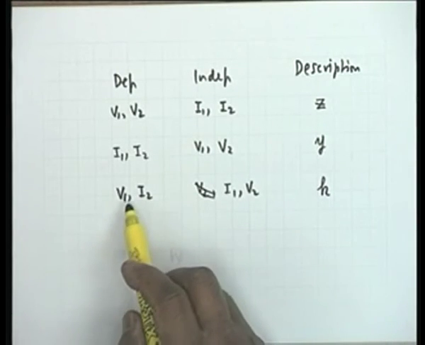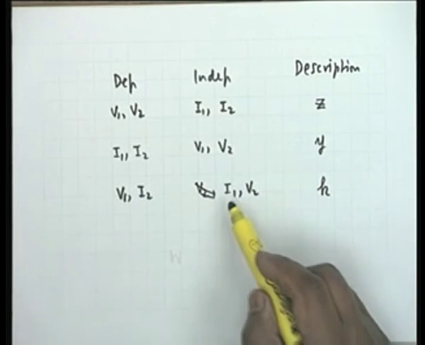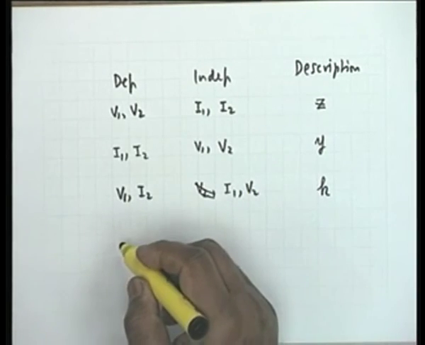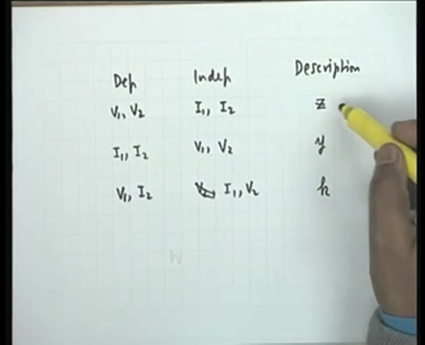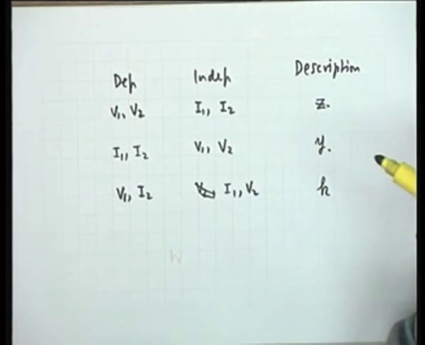I am expressing a voltage and a current in terms of a current and a voltage, and naturally you see the Z parameters and Y parameters, they should be inverses of each other.